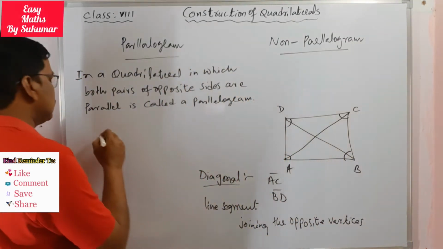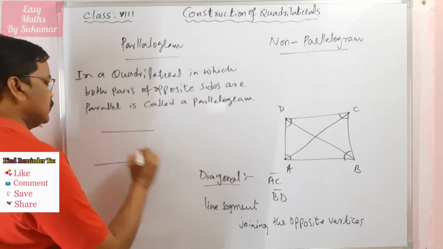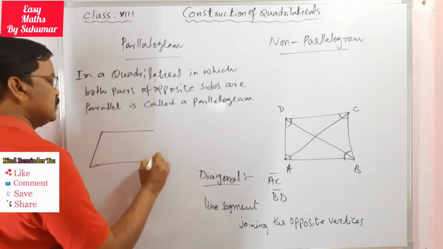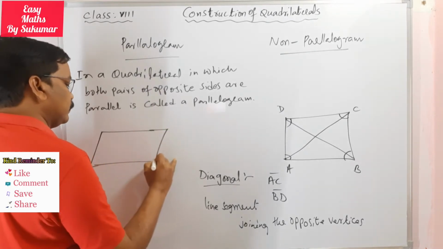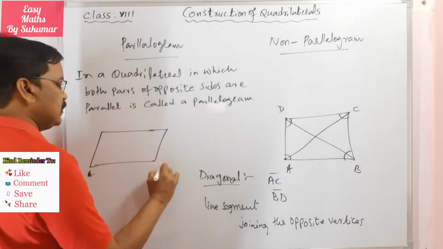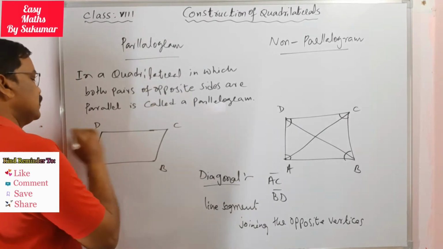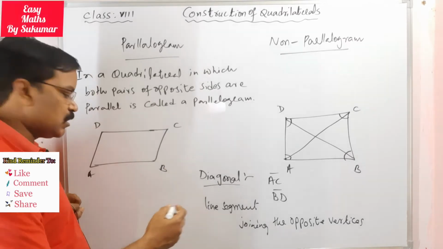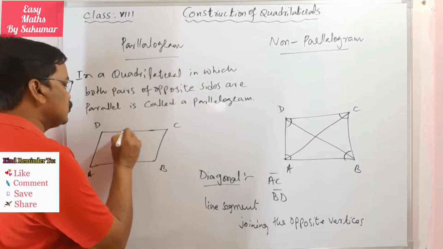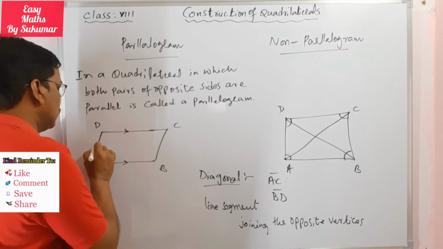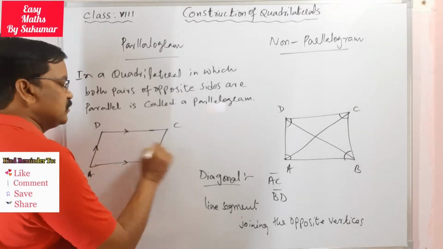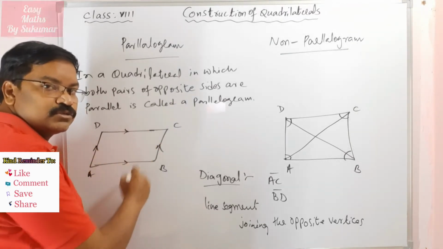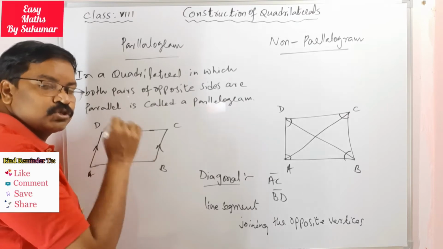See, my dear students, here this ABCD is a parallelogram. So to be a parallelogram, these two opposite sides and this other pair should also be parallel.